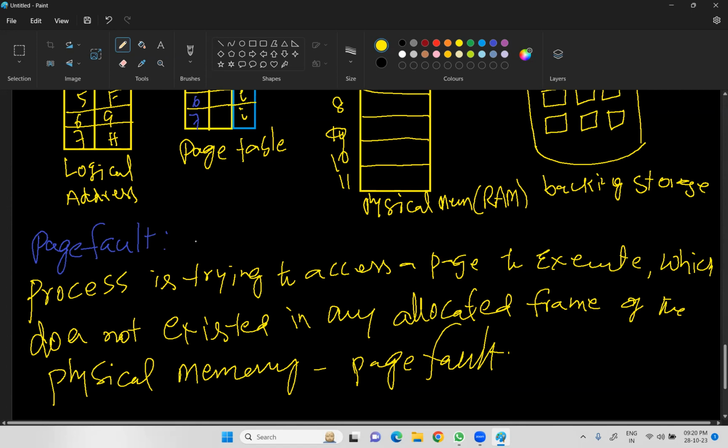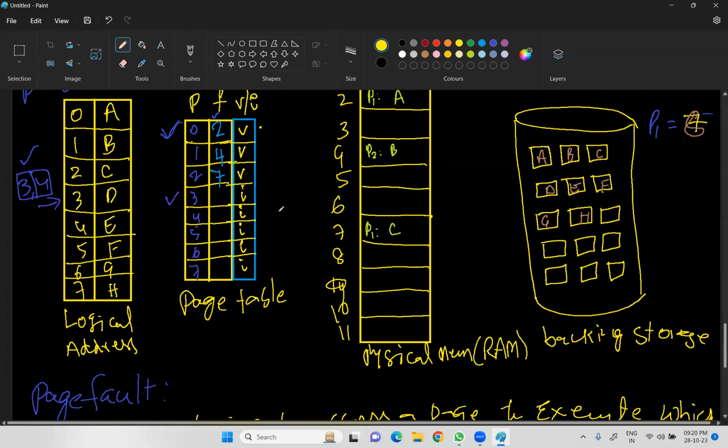How do you identify a page fault? A page fault is identified in the page table: the valid or invalid bit will be identified as I, something like this. Then obviously you can say it is not available within the physical memory.